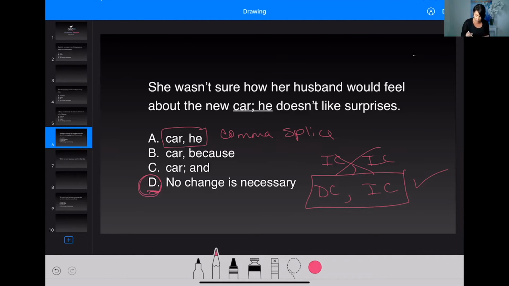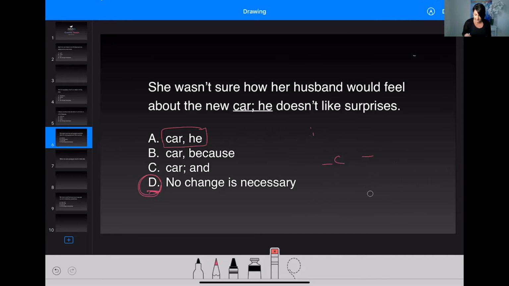Now, instead of it just being the comma, you could put... well, this one wouldn't really work here. You could say she wasn't sure how her husband would feel about the car, comma, but she surprised him anyway.